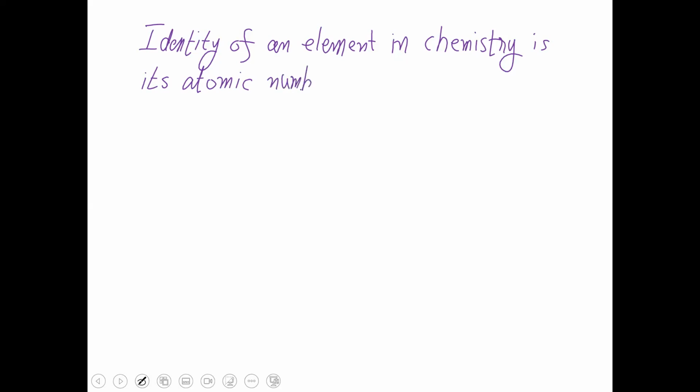Identity of an element is its atomic number, Z. For example, carbon 14, 6; nitrogen 14, 7.